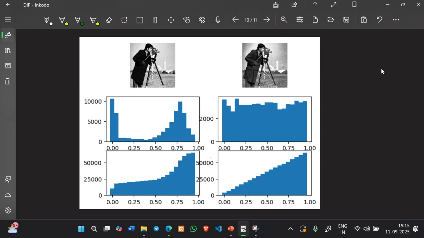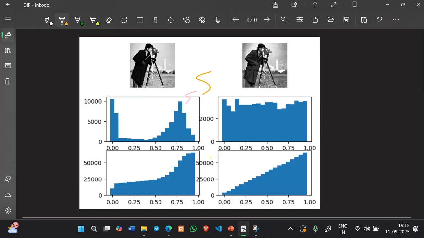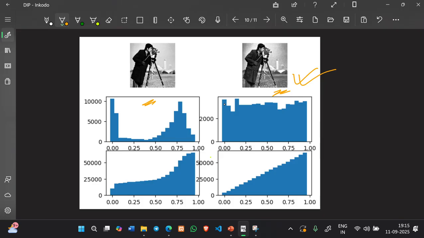Here you can see two different images, and based on them we have drawn the histogram representation of the two. This one is low contrast, and this one is high contrast. See how the graph is moving.